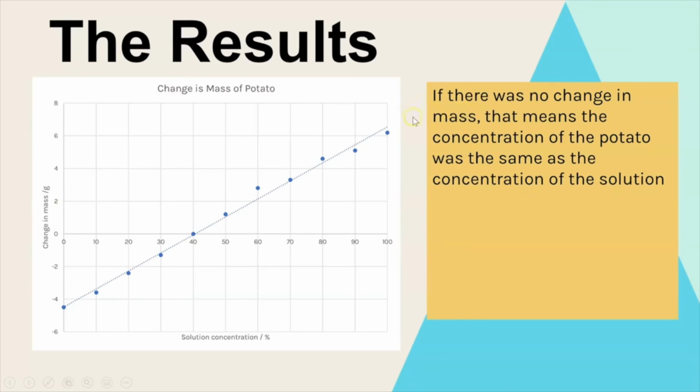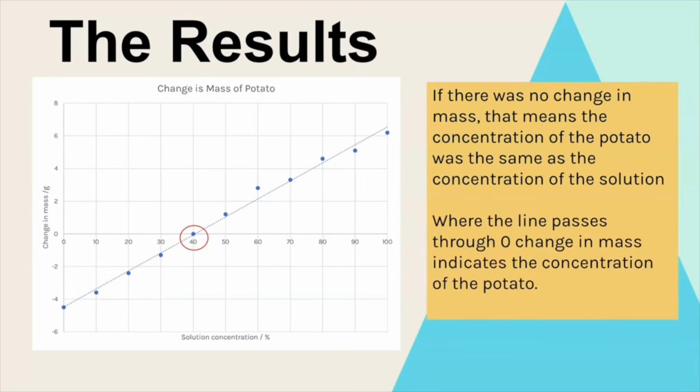Now, if there's no change in mass, that means that there wasn't any overall diffusion of water, so osmosis wasn't happening. And if that's the case, we can find out on this graph what the exact concentration of the potato must be.